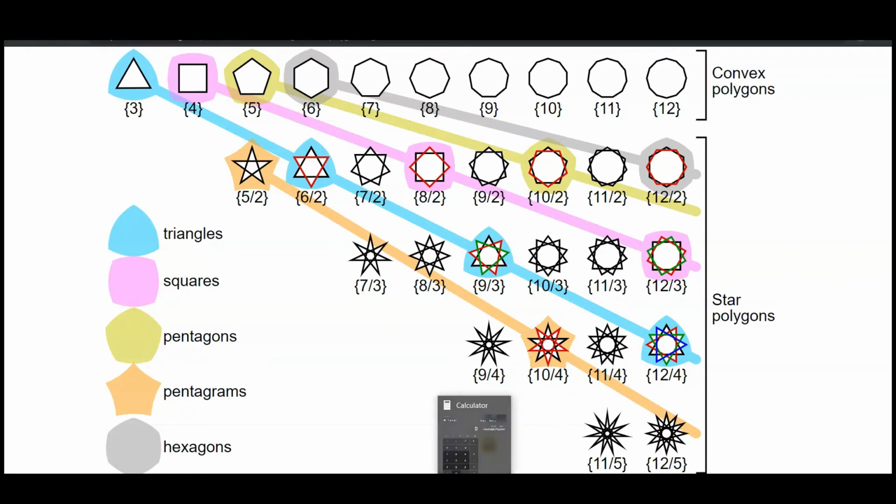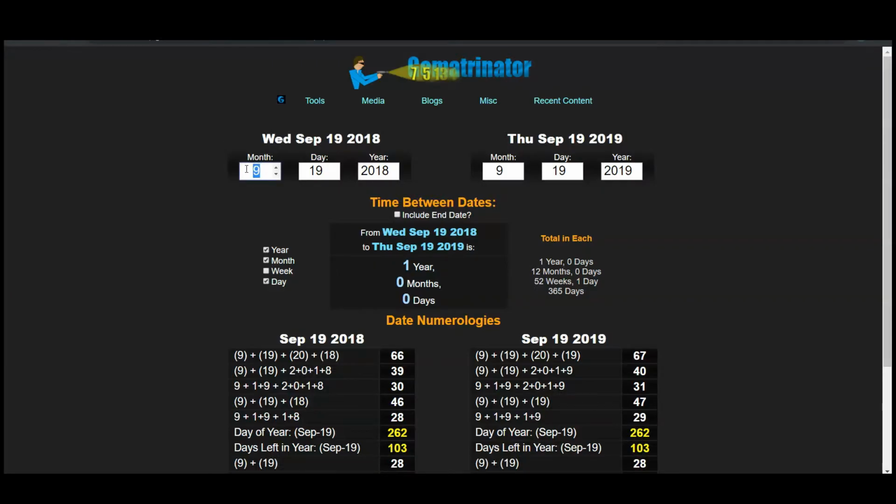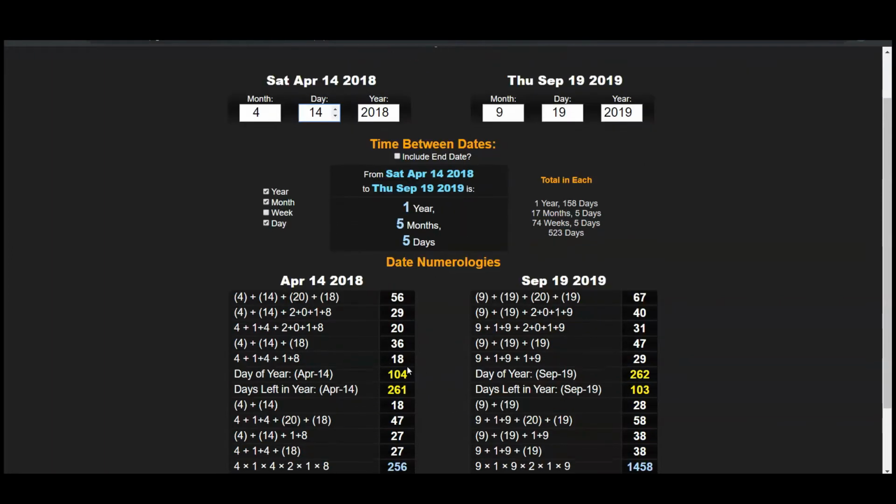If we look at the date of 4/14, 4/14 is the 104th day of the year with 261 remaining. Of course, the 261 is related to the middle C and the rose cross, and 4/14 is the visual magnitude of Venus.